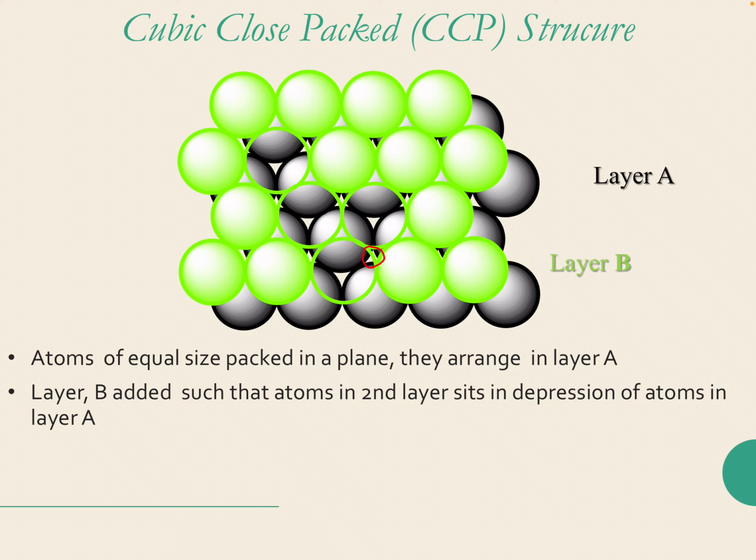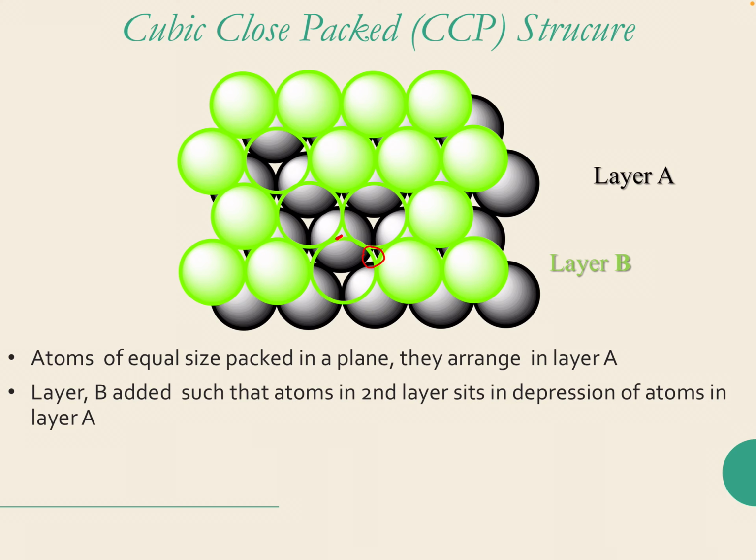Then we are going to add the third layer, that is layer C. Now layer C we are going to add such that they will sit in the depression. I have shown some hollow atoms so that you can see the depression.